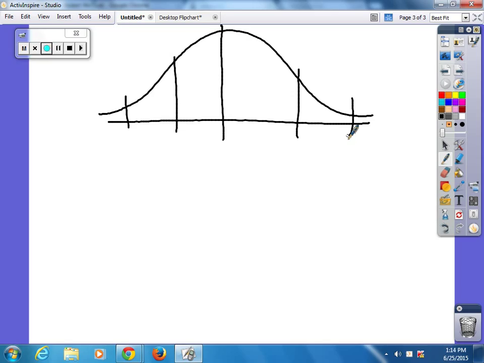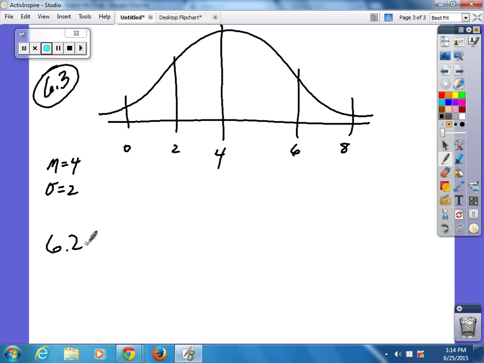So if I give you a mean equal to 4 and a standard deviation equal to 2, you'll go 4, 6, 8, and on the other side 2, 0. That's what you're going to be doing in 6.3. In 6.2, the mean is going to be equal to 0, and the standard deviation is going to be equal to 1.